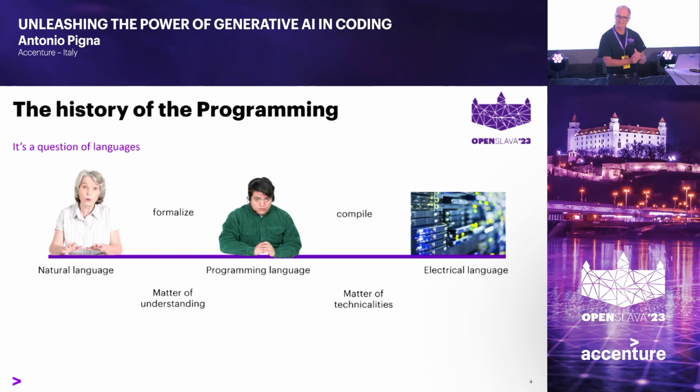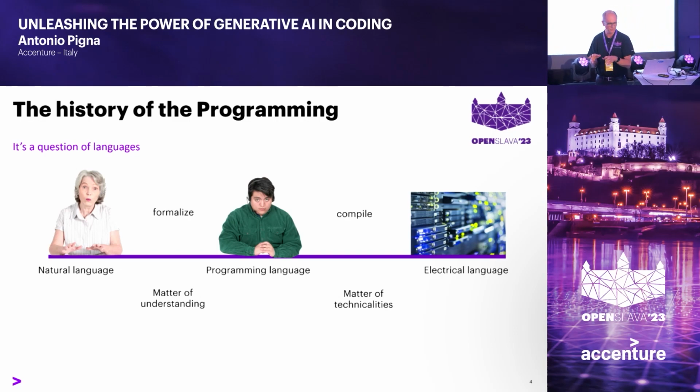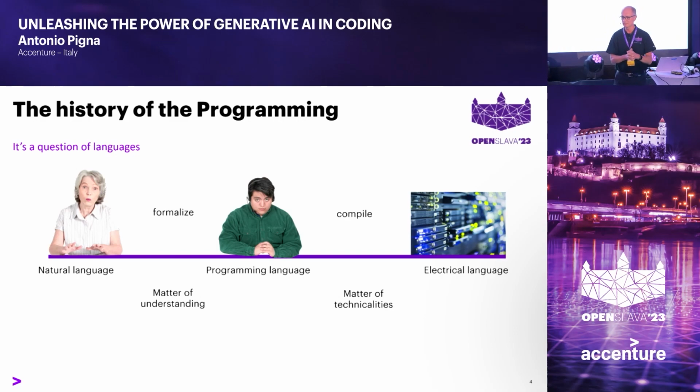So we are starting from a natural language, and we land in an electrical language. From one side, we have a matter of understanding, using the brain to understand what our functional business is saying. On the other side, what is the best way to write good code?